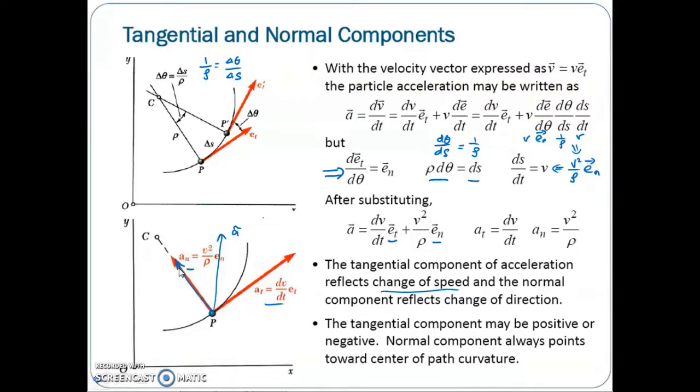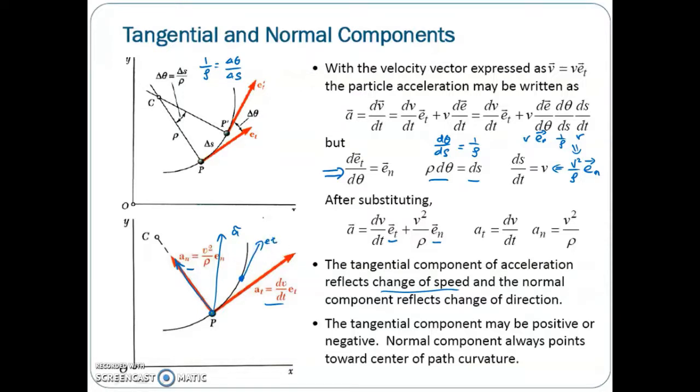Please also take note that when the particle moves along this curve, the directions of these two unit vectors are constantly changing. So if your particle now is at around here, right? Your unit vector ET, tangent to the curve, will be here, ET.